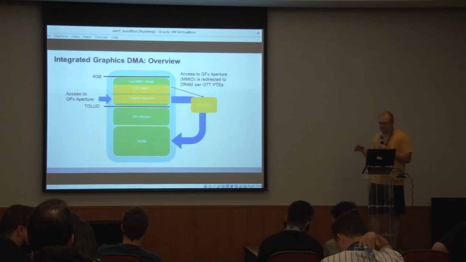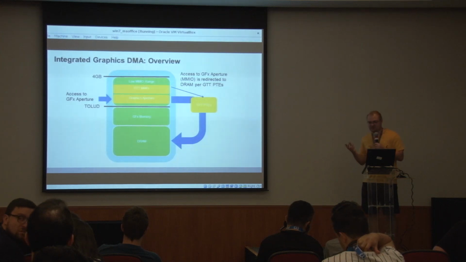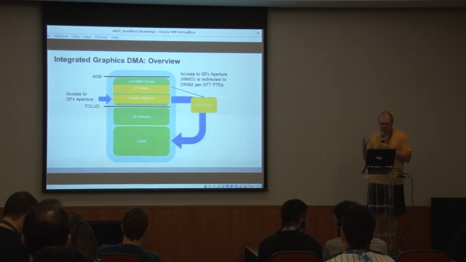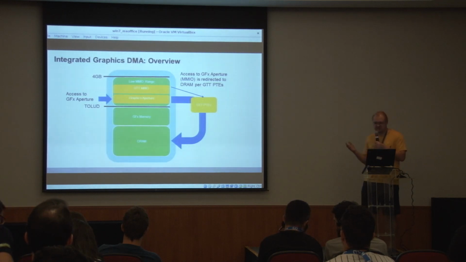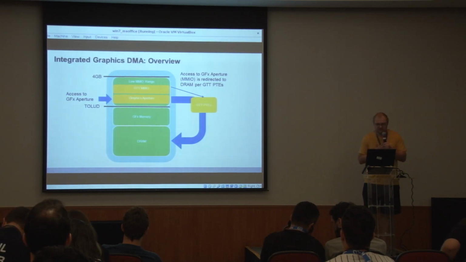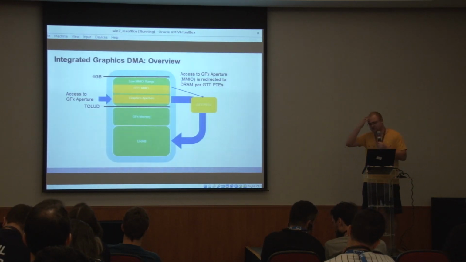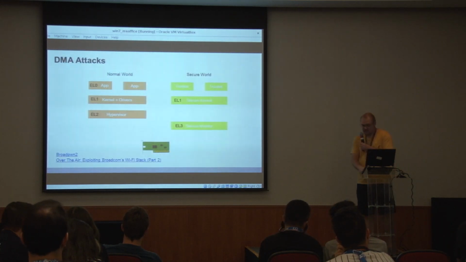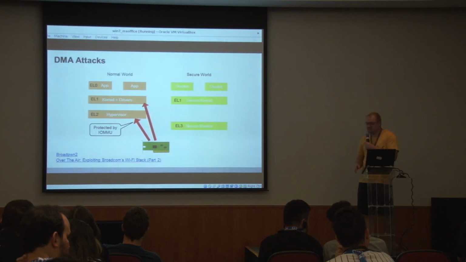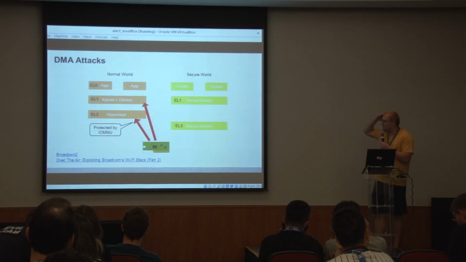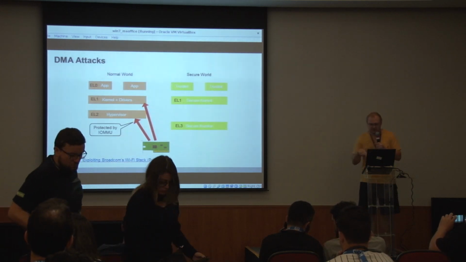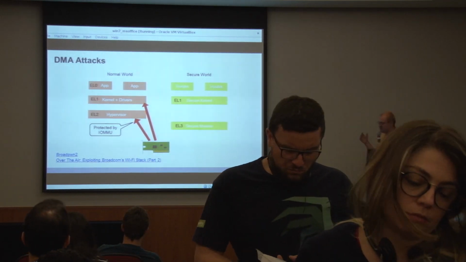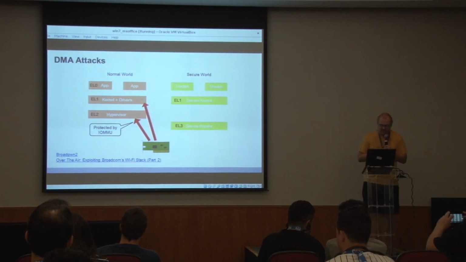One of them is using the DMA attack without any external device, because there is also an integrated graphic device which has DMA capability. So if you build the attack and need DMA capability, you can just use the graphic DMA to run it. For ARM, it's basically the same, but I didn't find any integrated DMA capability, so if you want to run a DMA attack, you need an external device.